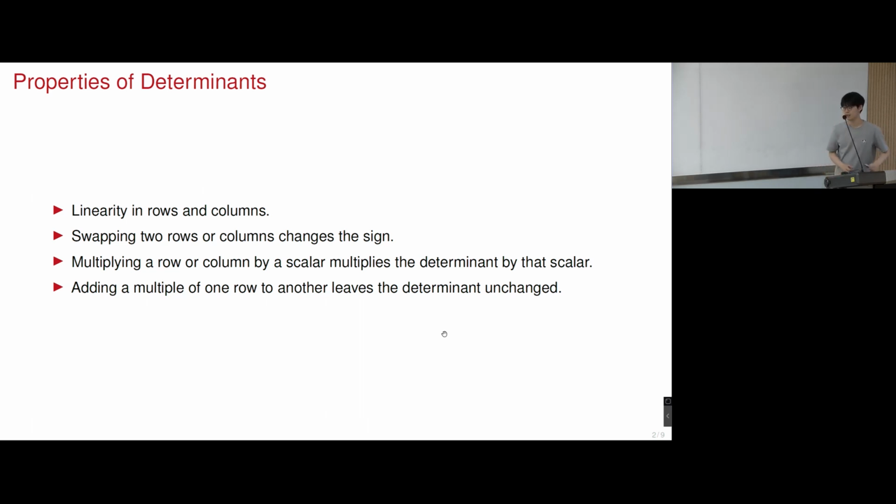So for example, let me show you how to calculate the determinant of a 2 by 2 matrix because it's simpler. Suppose you have a 2 by 2 matrix with a, b, c, d as the values, and let's say this is A. You want to calculate the determinant of A. By definition, you calculate it as ad minus bc.